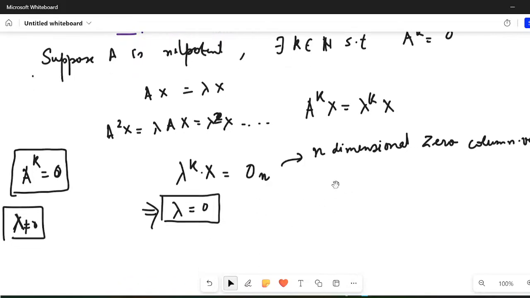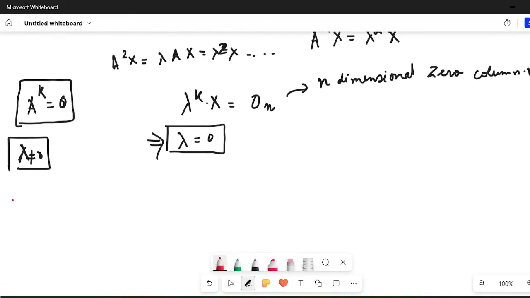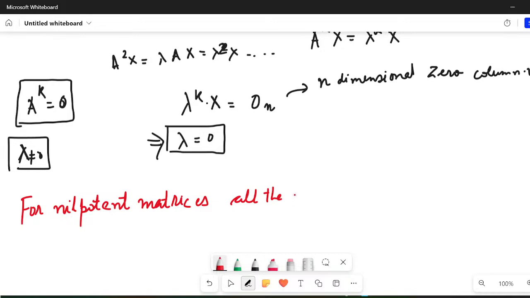So always remember, for nilpotent matrices, all the eigenvalues of A are 0.